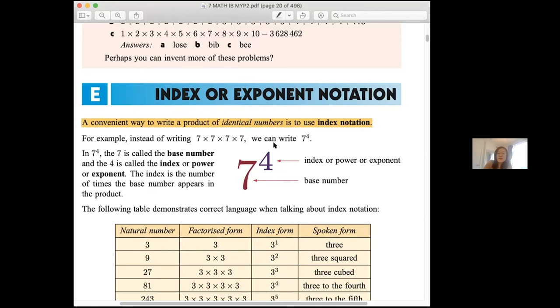And then we can write it in a simple form, saying 7 to the power of 4. And 4 is the index, or the power, or the exponent. It has 3 names, but they mean the same thing. And the 7, the identical number, is the base number. When you see 7 to the 4th, you do 7 times 7 times 7 times 7. So in total, there's four 7s. All right?